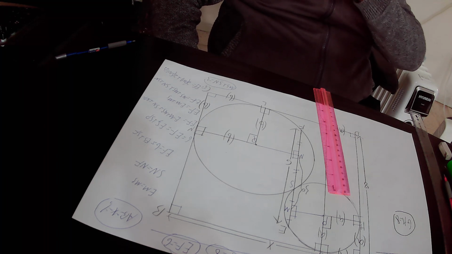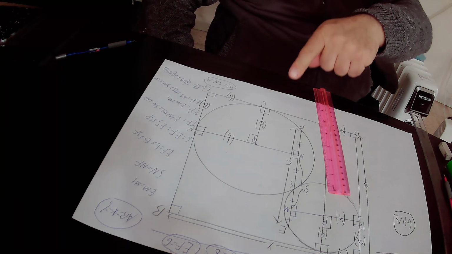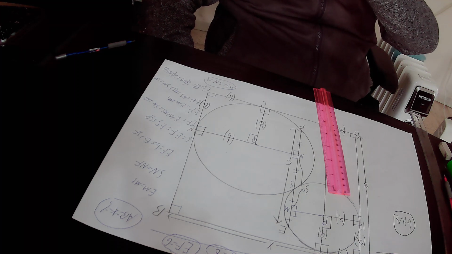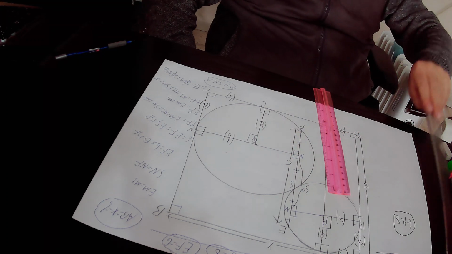In the next step, we will extend the radius LQ by a straight line until it touches side AB.